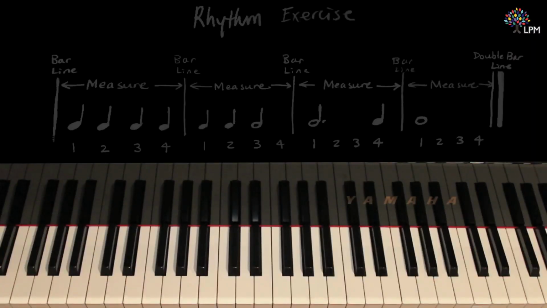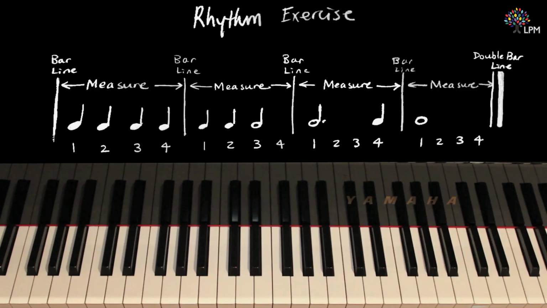Now take a look at this rhythm exercise. First, notice how the bar lines divide the music into measures of equal duration. In this case, each measure has 4 counts or 4 beats. The double bar lines are used to indicate the end of a section or the piece.